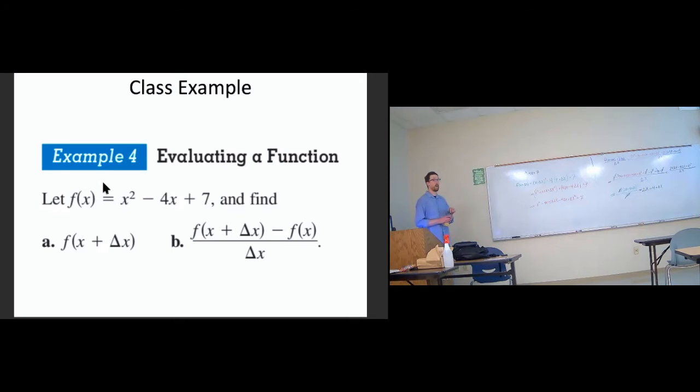So that's a lot of work. There's a lot to keep track of. Notice this is just one particular function though, right? We could change this to another function, let's call it g of x.